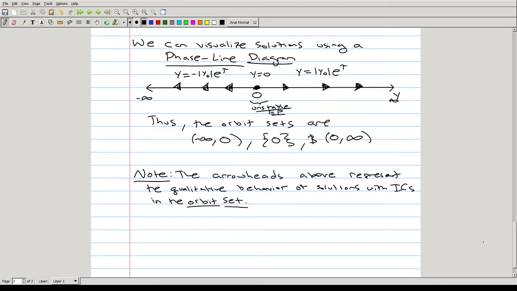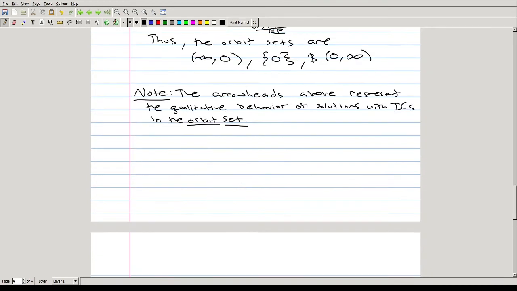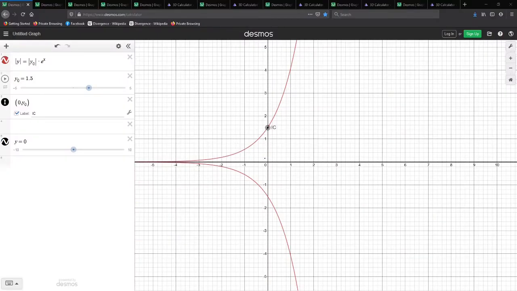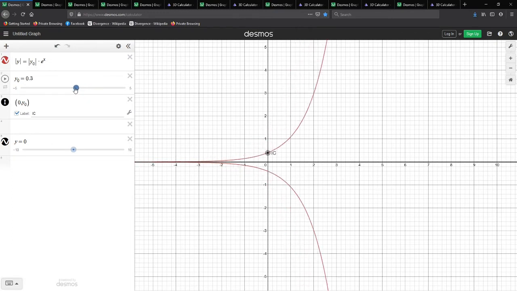We can make this make even more sense if we go forward and maybe do a plot of the exact solution here to see how the solution to this differential equation is behaving. So recall that for the exponential differential equation, we get in general, depending on where the IC is, two different orbit sets.